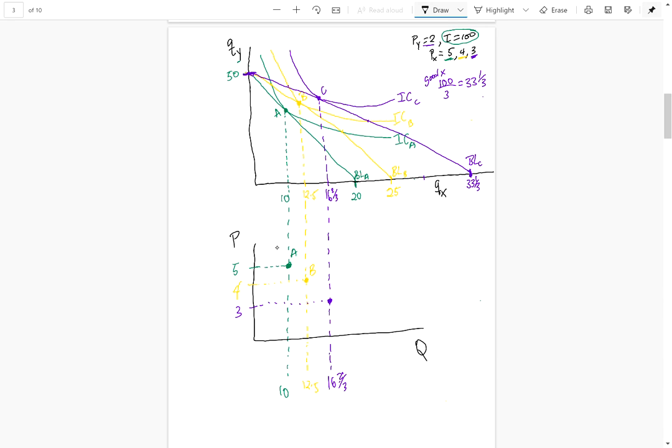All right, so we're going to connect these 3 points here with the line. Remember our demand equation for QX was equal to I over 2PX, which we have for any income level. Isn't that wonderful? But visually, we need to lock certain things down.